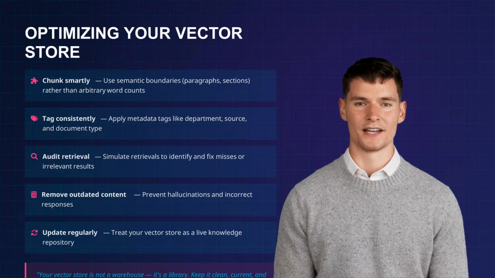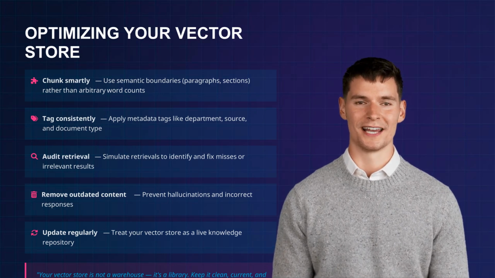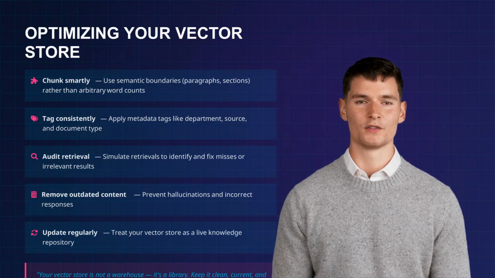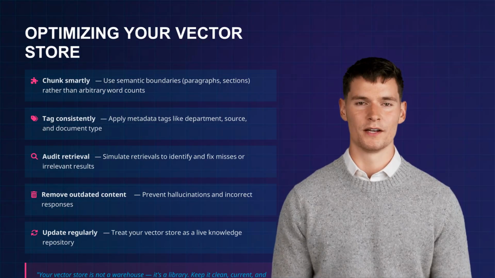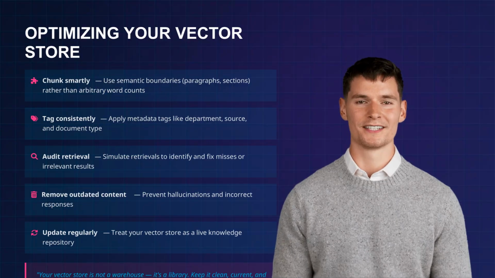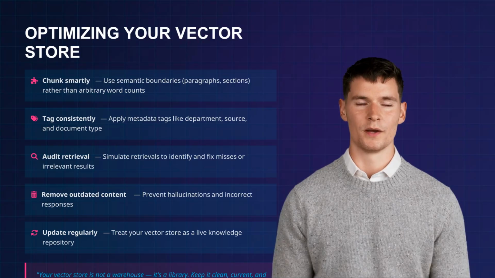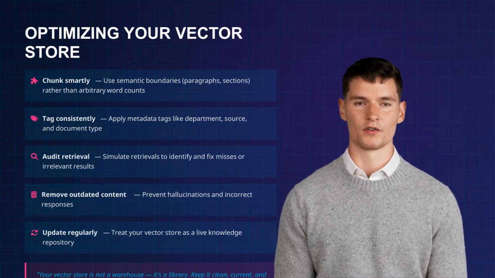A well-built vector store is only effective if it's kept clean, current, and well-organized. Chunk smartly by splitting documents along meaningful boundaries like sections or paragraphs rather than arbitrary word counts. This keeps retrieved content coherent and context-rich. Tag consistently with metadata such as department, source, and document type to enable precise filtering and retrieval.